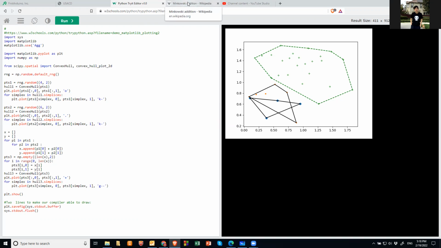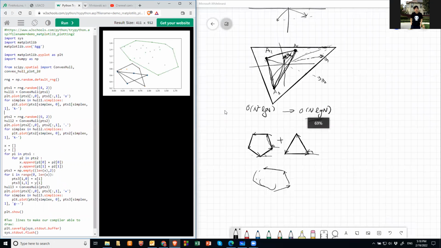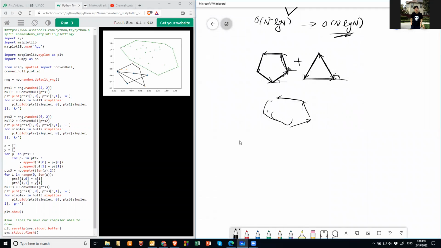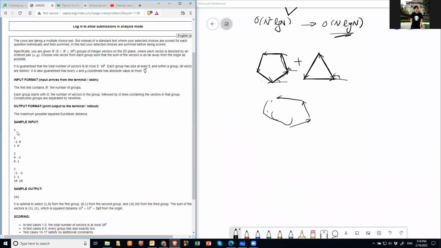Once you know this, the implementation of the code is basically straightforward, right? You know how to do a convex hull. Basically, you have n groups, right?